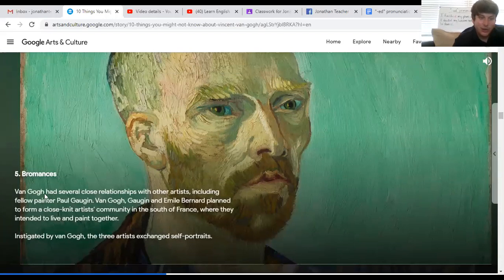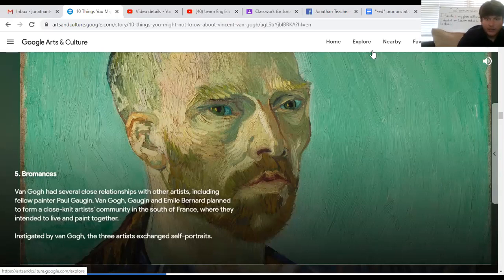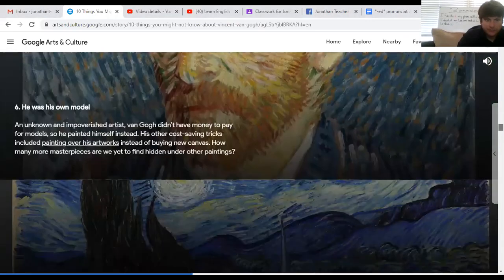Romances. Van Gogh had several close relationships with other artists, including fellow painter Paul Gauguin. Van Gogh, Gauguin, and Émile Bernard planned to form a close-knit artist community in the south of France, where they intended to live and paint together. Instigated by Van Gogh, these three artists exchanged self-portraits.